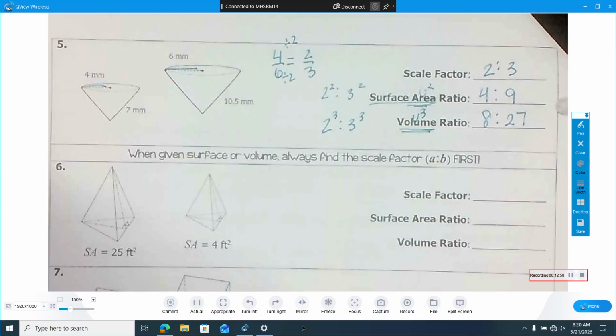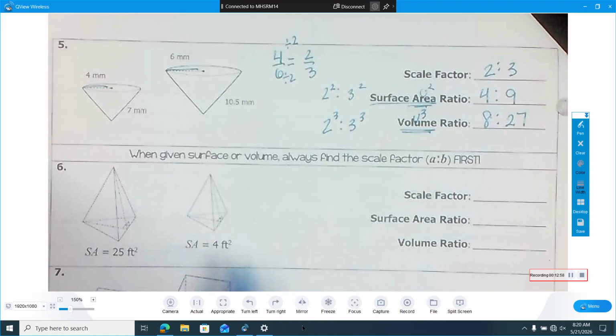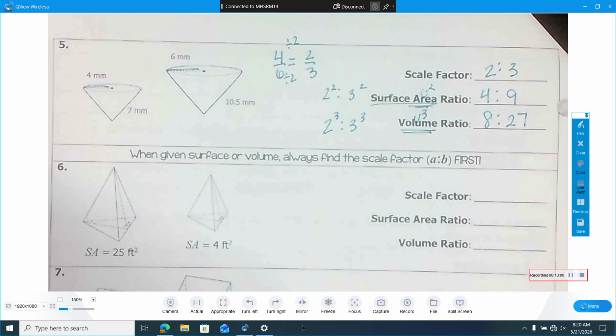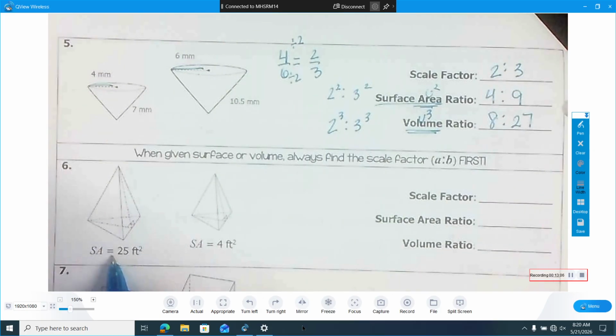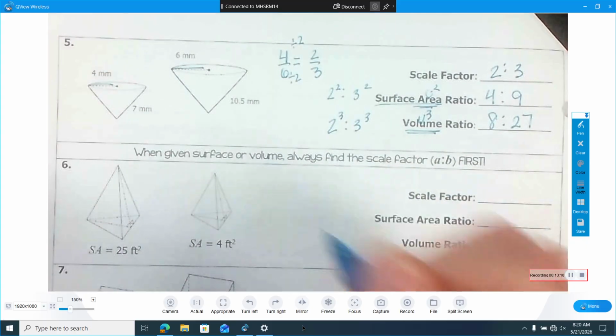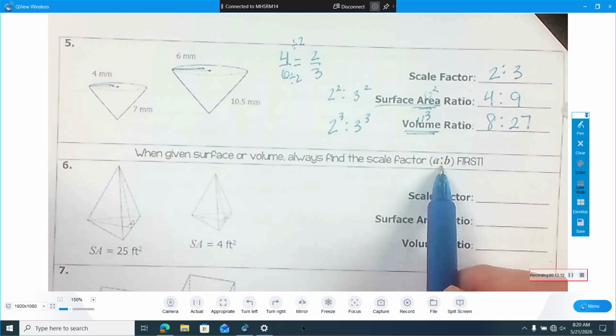What do you suppose we have to do if they're giving us, what does SA stand for? Surface area. Yeah. So I'm starting here at the surface area. Well, we always have to go back to the scale factor first.